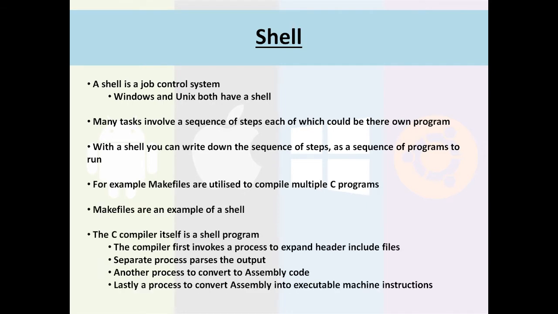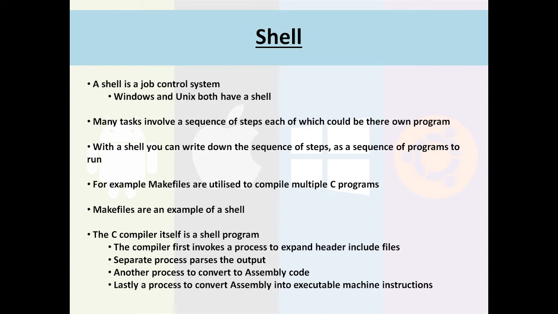For example, makefiles are a type of shell, utilized to compile multiple C programs. When you design your makefile, it will have a sequence of lines indicating which file to build or compile, and this is a sequence of steps. Now the C compiler itself is also a shell program.